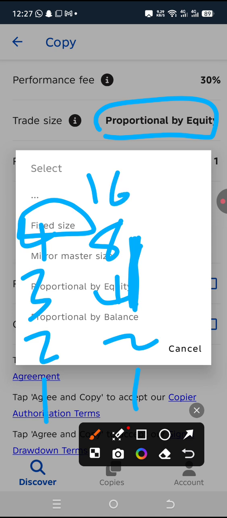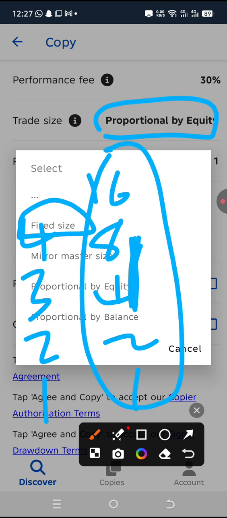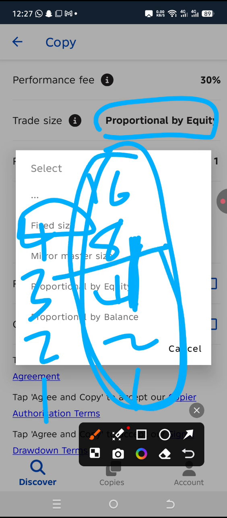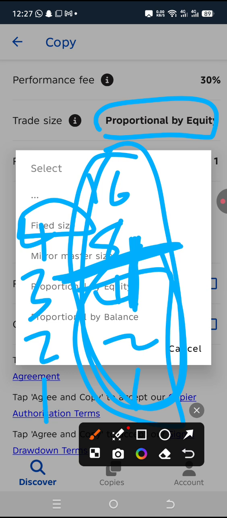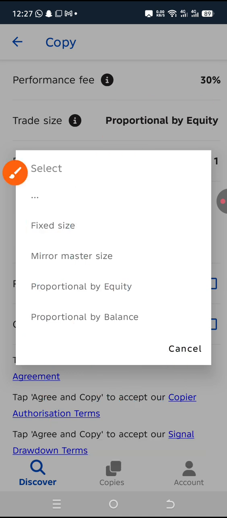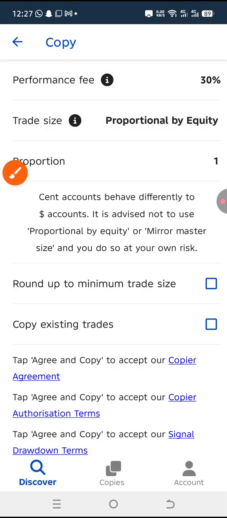You need to make sure you use proportion to equity here. You can't use fixed size, because when the person is changing the sizes, yours will be fixed. And when yours is fixed, this guy might take profits at this stage while yours will be negative. So in the long run, you'll be in negative most of the time. So we choose proportion to equity.